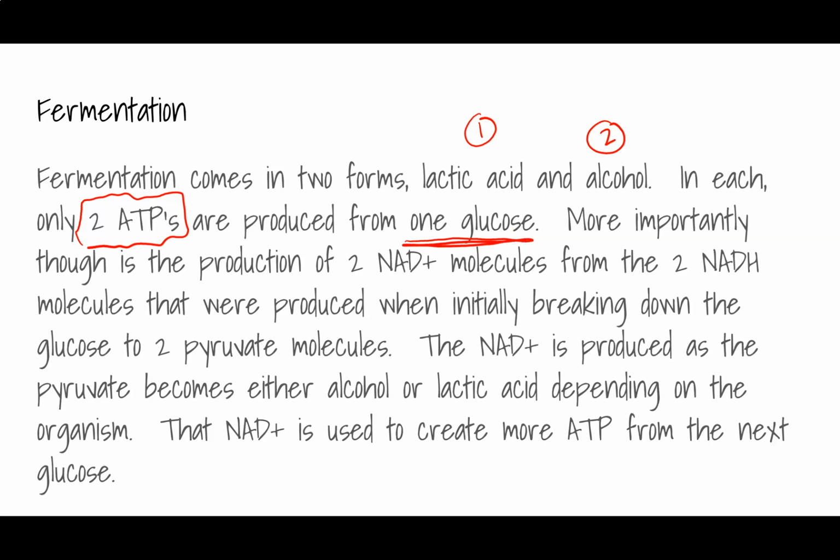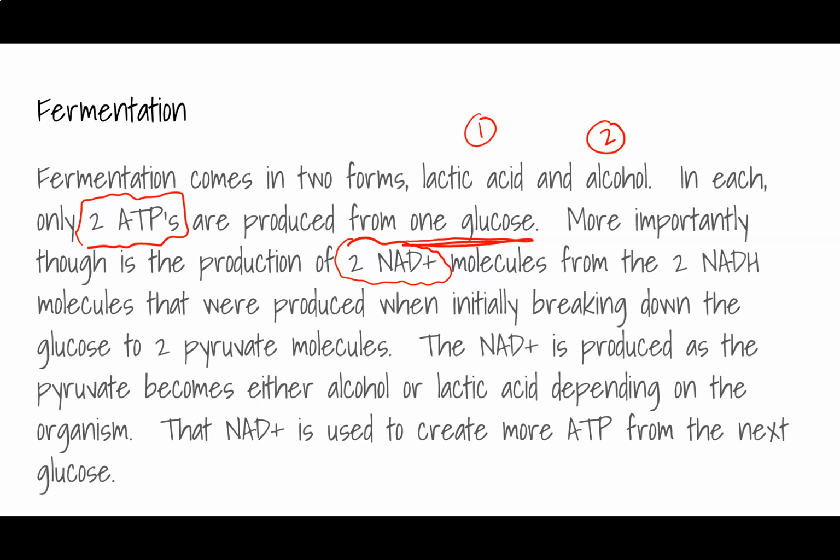But what is actually more important in this process is the production of these molecules called NAD+. That is what allows you to continually make ATPs from the glucose. Very important. Now we're going to see later on when we get to aerobic, it's a little bit different, but the key is to reproduce this NAD+, and I'll show you what I'm talking about in a picture.